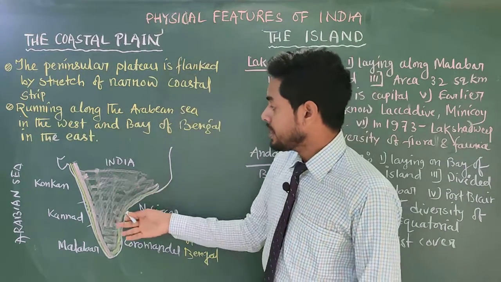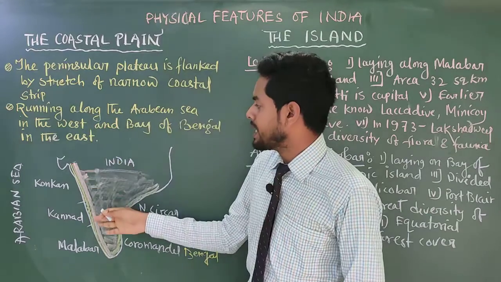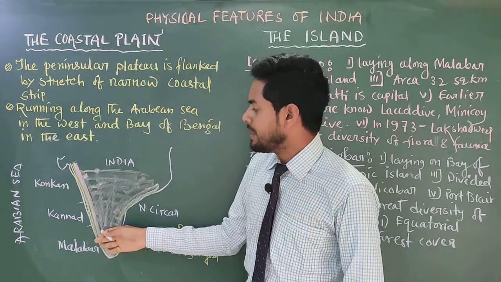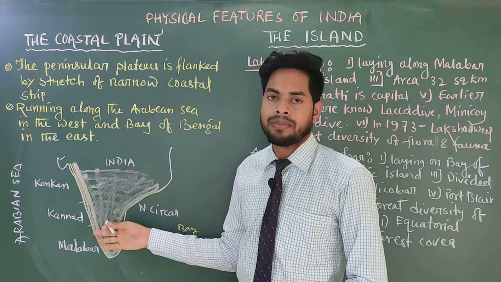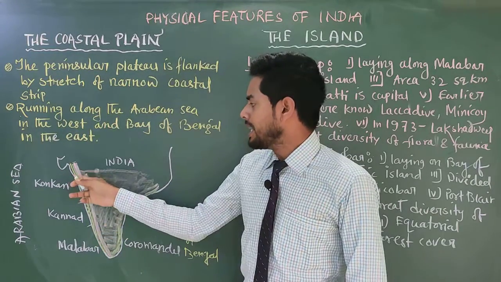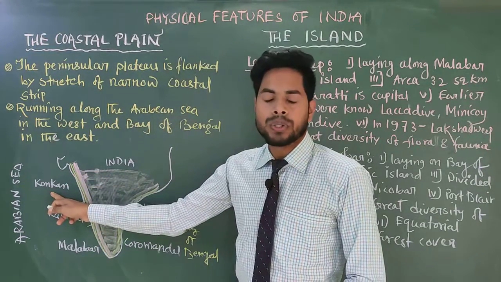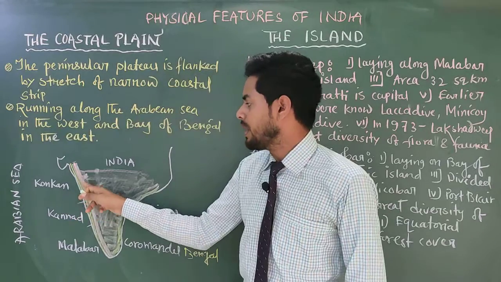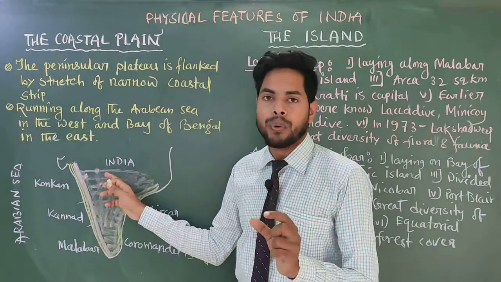Further, this low stretch of strip is divided into three parts. The northern part is known as the Konkan coastal plain, which consists of Mumbai and Goa.